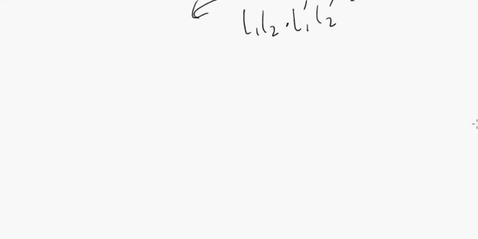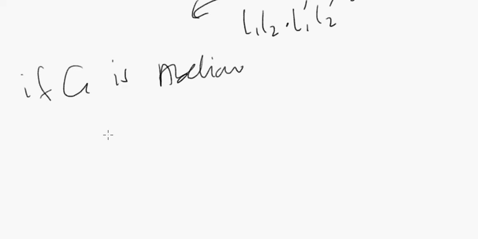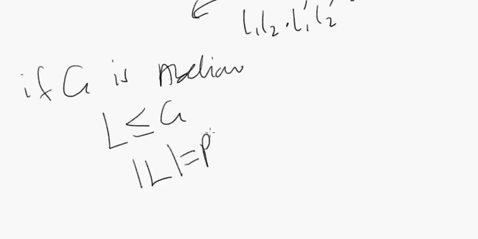So let's make this clear. If G is abelian, right? Then we're supposing that G has a subgroup L whose order is p squared.